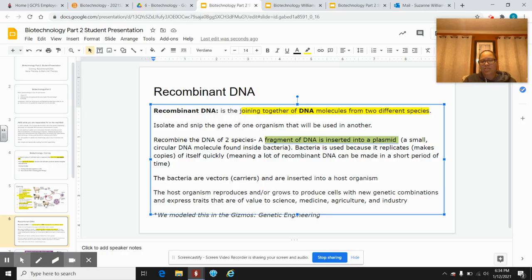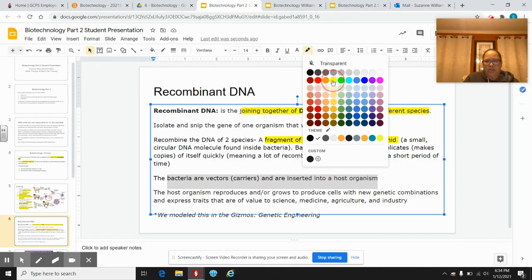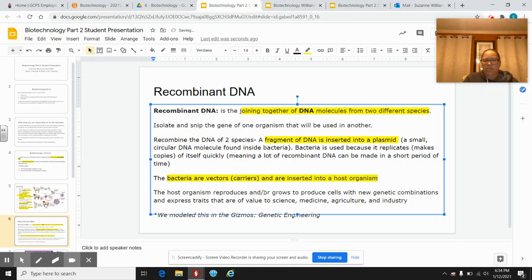Okay. And the awesome thing about bacteria is that it can also be used as a vector. All right. So bacteria are vectors or carriers that are inserted into the host organism. That's a lot of fancy language there. So you need to know that vectors are carriers. So you take that recombined DNA that's inside the bacteria, and the bacteria all replicate asexually and make exact copies of one another. And so they all have that recombinant DNA.